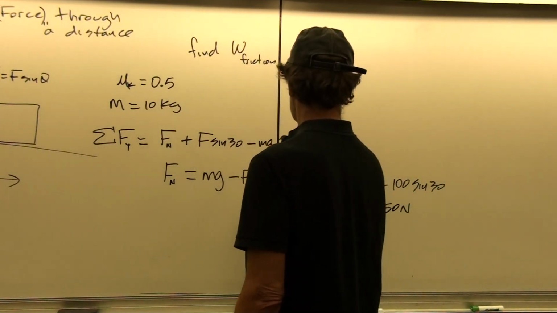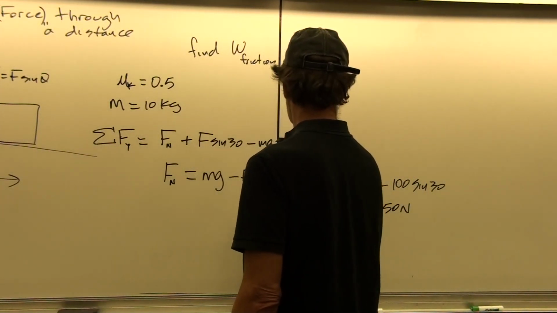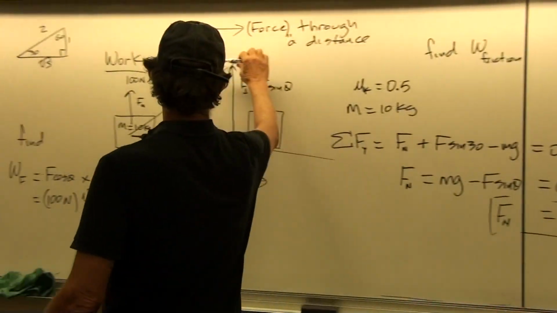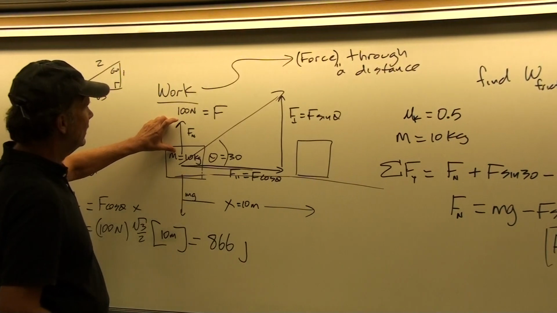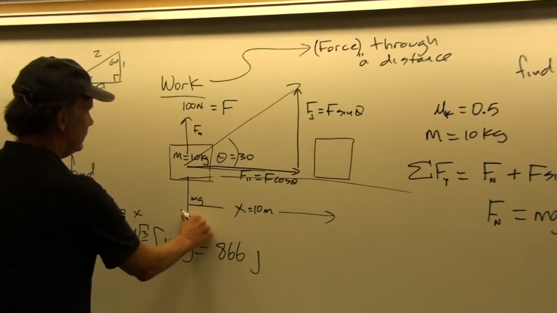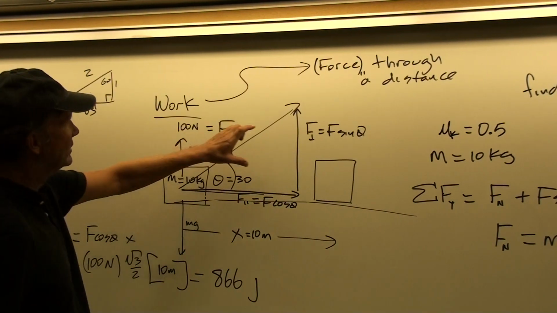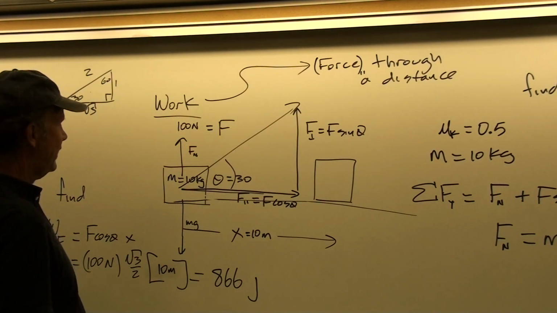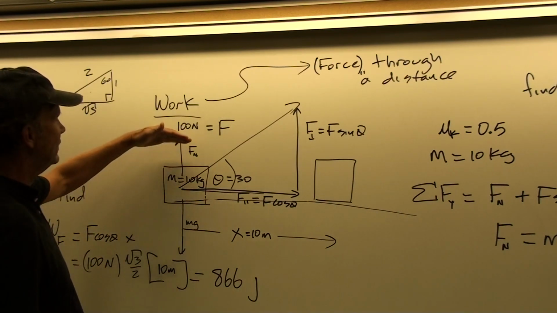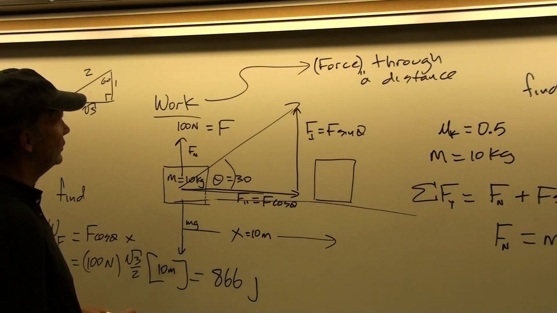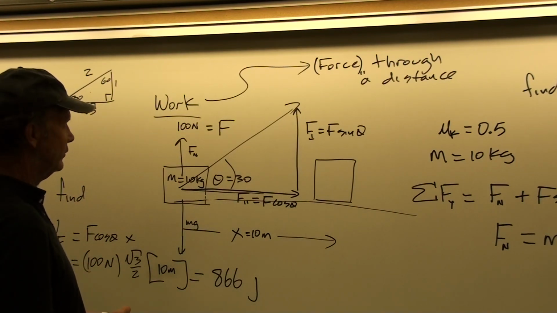So our normal force is half the weight because of the F sine theta component lightening the load. mg is bigger than F normal because F sine theta can help in this process of lifting and lightening the load so that the surface doesn't have to exert as large of a normal force.